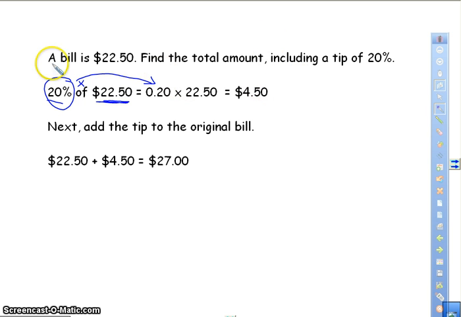Please remember that we're talking about money, so you can only go out two place values. After you find the tip, you add it to your original bill, and that's the amount you would be paying for the service. You pay $22.50 for your food and $4.50 for the tip, so the total would be $27. Once again, with a tip, you're going to add.